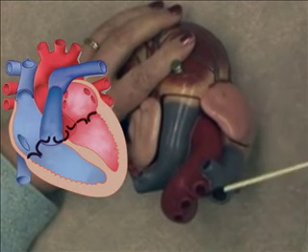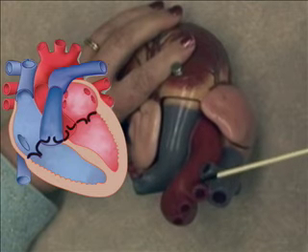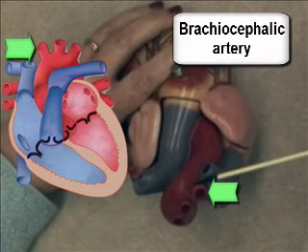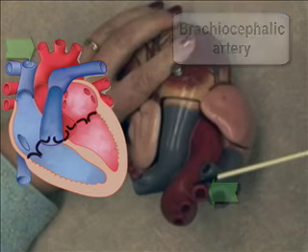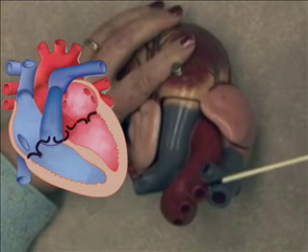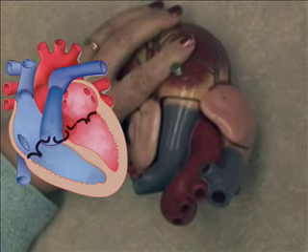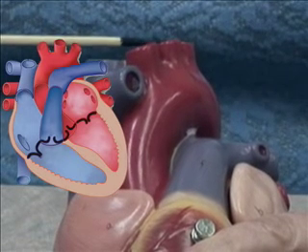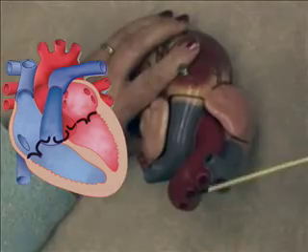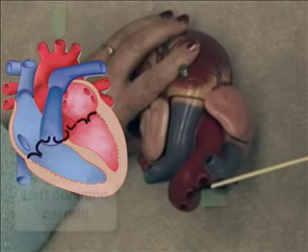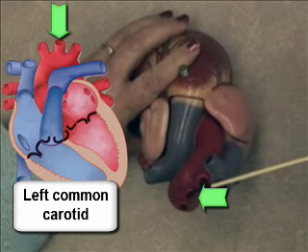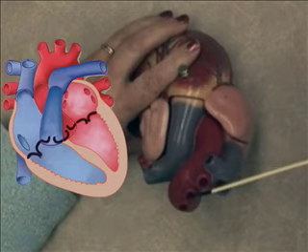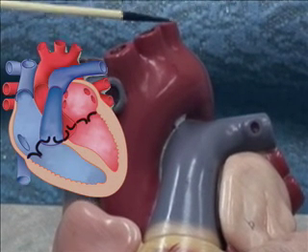This first branch is the brachiocephalic artery. That's going to come across and branch further into a subclavian and a carotid artery. The next branch is the left common carotid. And the third branch is the left subclavian.